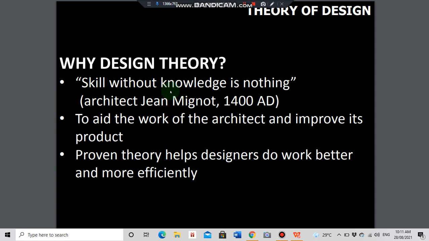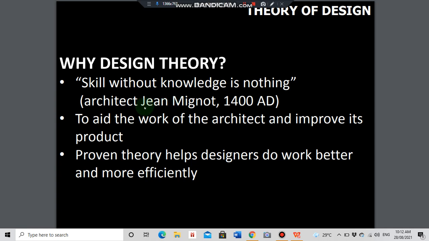So, architecture, without these references, without these facts or theory of well-known architects and other previous readings is nothing.